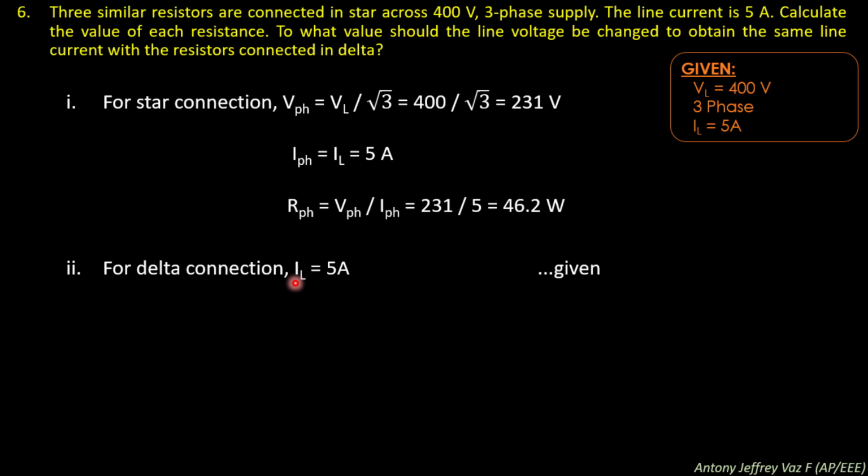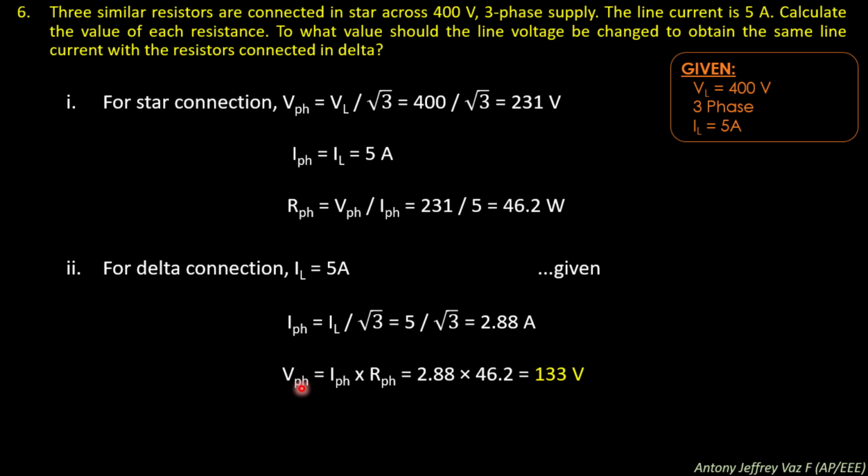So line current, that is the IL is 5 ampere, is given in the question. Here you know that phase current will be equivalent to IL divided by root 3. So 5 divided by root 3 is 2.88 amperes. And the voltage V phase is equivalent to I phase into R phase, which will be equivalent to 2.88 into 46.2, which will give you a phase voltage of 133 volt.